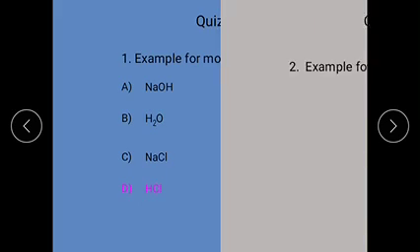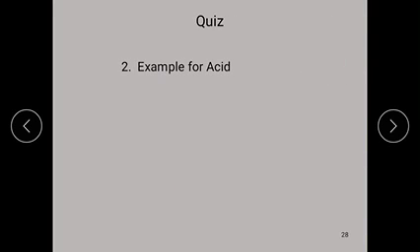And now let us see the second example of acid. Second question is example of acid: A. Sodium hydroxide, B. H2O, C. NaCl, D. H2SO4.